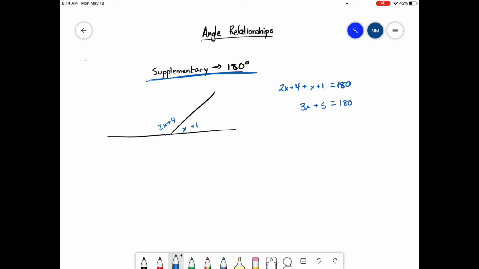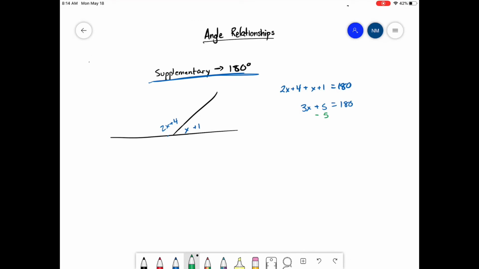Then we subtract 5 from both sides, and we get 3x is equal to 175. Then we divide both sides by 3, and x is going to be equal to 58.3, repeating. So once we know what x is equal to, we simply plug it back in to these two expressions to find the angle measures.